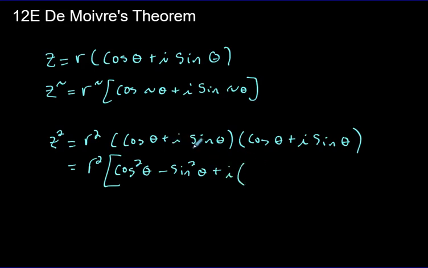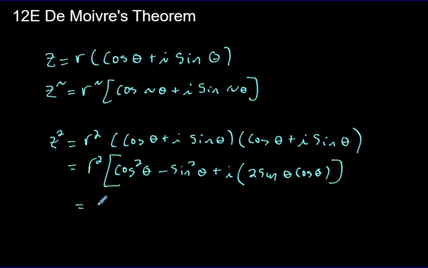Well, it's going to be the middle terms, sine times cosine, but then also another sine times cosine. So you're going to have 2 sine theta cosine theta as your imaginary part.